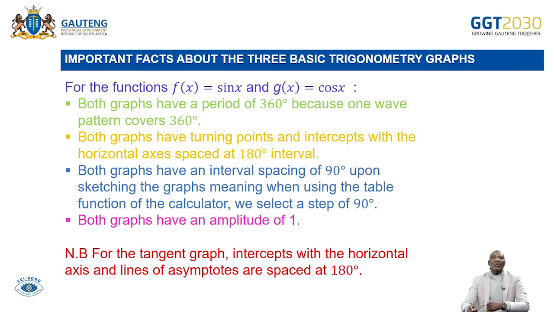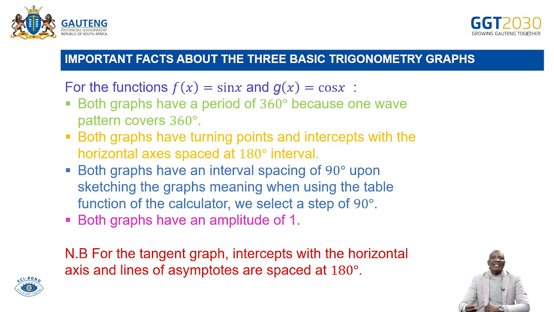Then we now move on to the next part of our graph. But before we move on, we've already alluded to the fact that for the two functions, sine and cosine, both graphs have a period of 360 because one wave covers 360 degrees. Both graphs have turning points and intercepts with the horizontal axis spaced at 90 degree intervals.